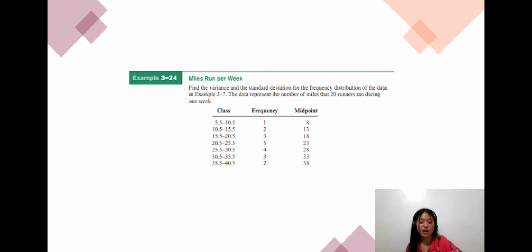This is our data. The classes are 5.5 to 10.5, 10.5 to 15.5, and so on. The frequency is the number of runners in each class. The midpoint is obtained by adding the class limits 5.5 plus 10.5, then dividing by 2.